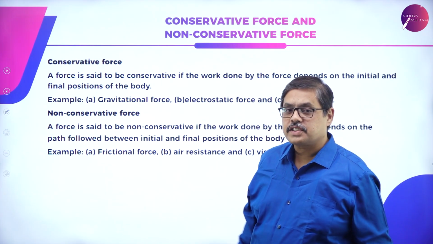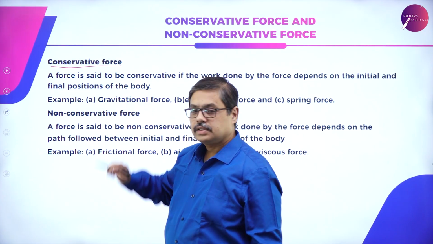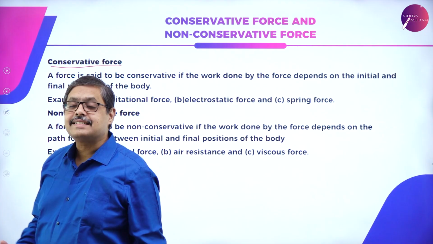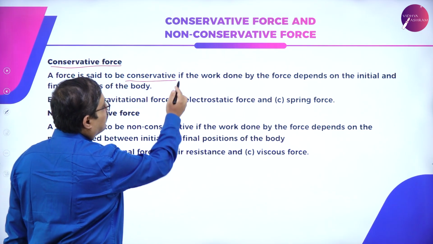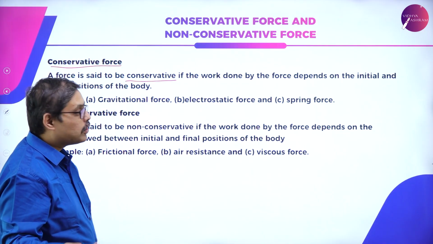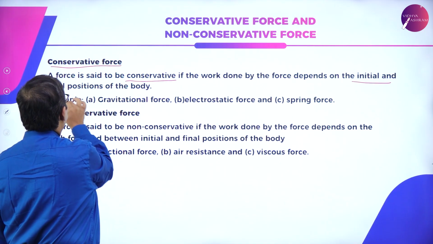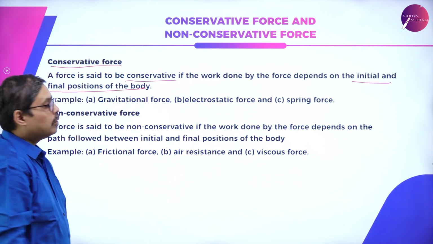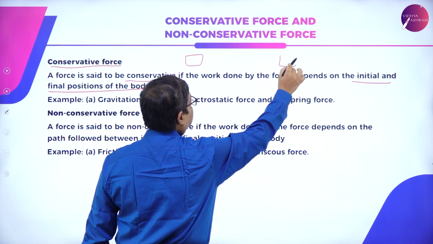Let us begin our discussion from what is called a conservative force. When is a force said to be conservative in nature? A force is said to be conservative if the work done by the force depends upon the initial and the final positions of the body. Where did the body start? Where did the body end?